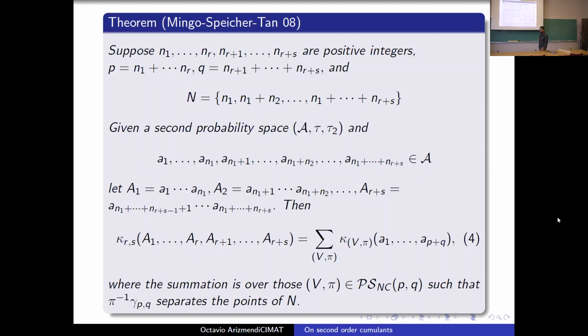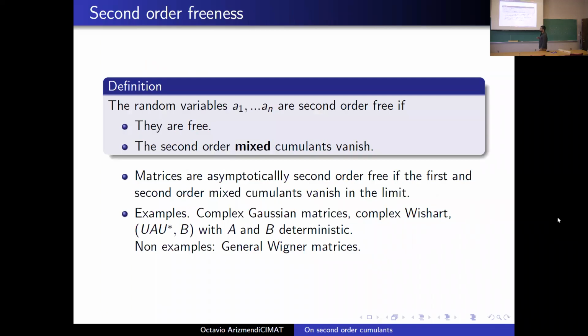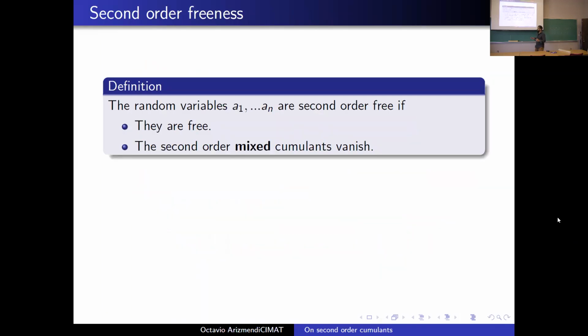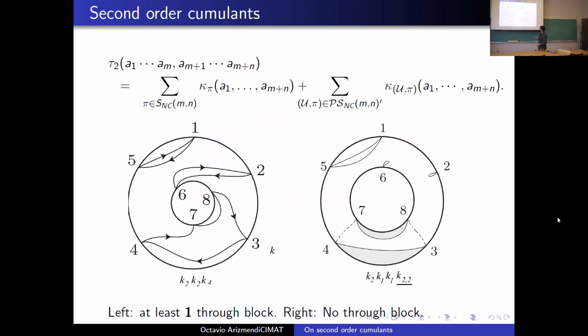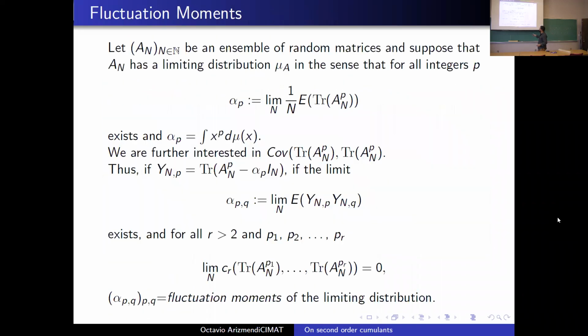So I will work with abstract examples, but they come from this tau 2, which is here. As in Jamie's talk, exactly. That was just reminding me of that formula.